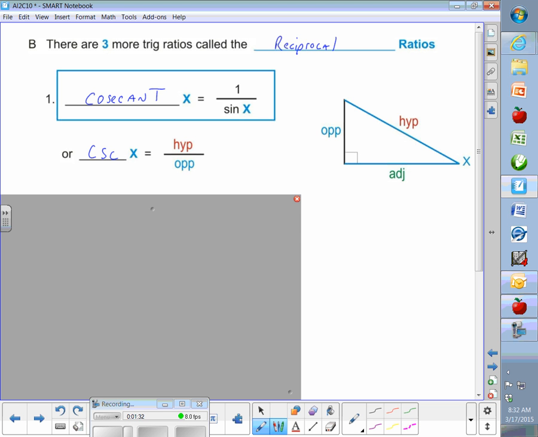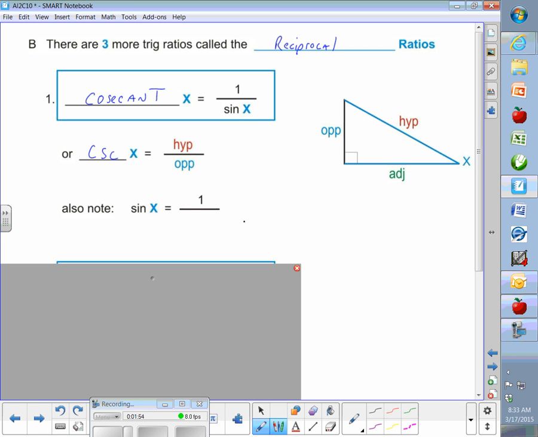Okay, good. So if the sine is the opposite over the hypotenuse, which, by the way, you have to have memorized, then the reciprocal of that, the cosecant, has to be the hypotenuse over the opposite. So sine is opposite over hypotenuse. What's the reciprocal? Hypotenuse over opposite. That's what the cosecant is.